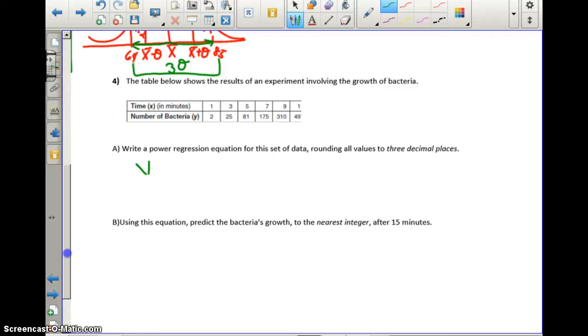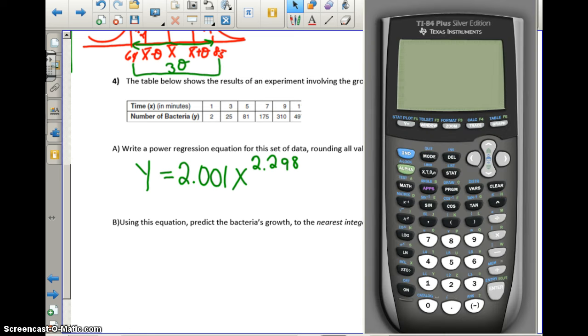And make sure that you write your regression equation accurately. So your regression equation was 2.001 times x raised up to the 2.298 power. Once you write your equation, then and only then will you, on your calculator, plug in and find the answer to the second part.